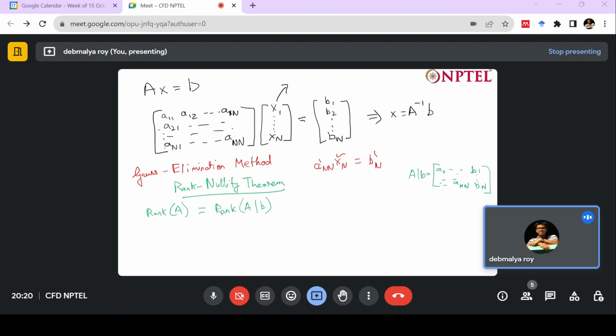So basically, this b column is augmented to the A matrix. If rank A equals rank of A augmented B equals n, then a unique solution exists.